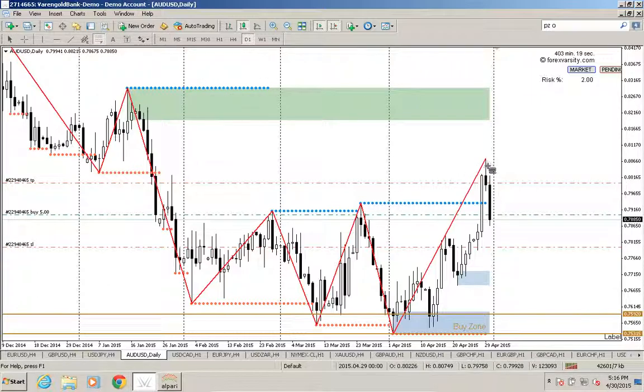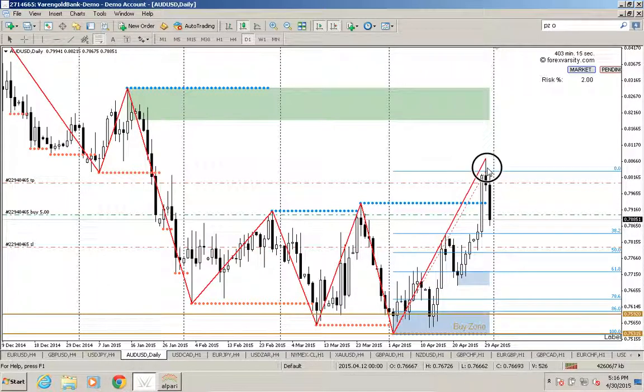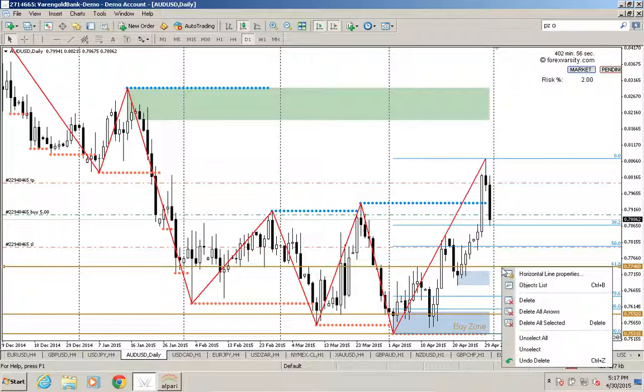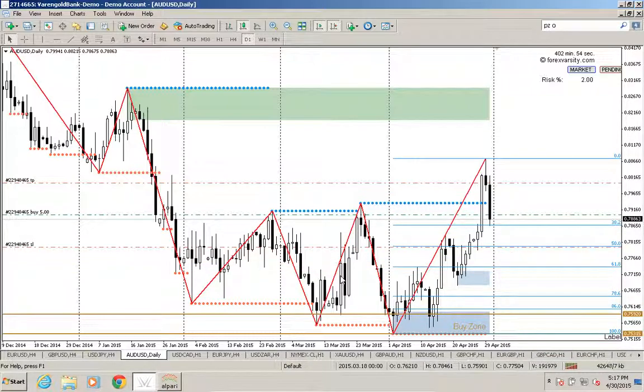If you draw Fibonacci right now from your low to your high, which would be your A and your B, we see the 61 Fib is around 0.774. There are no other important levels in that area. We will not be looking at using Fibonacci on that time frame right now.